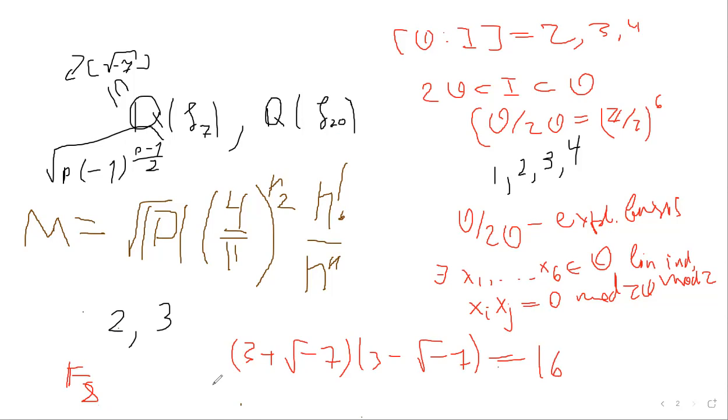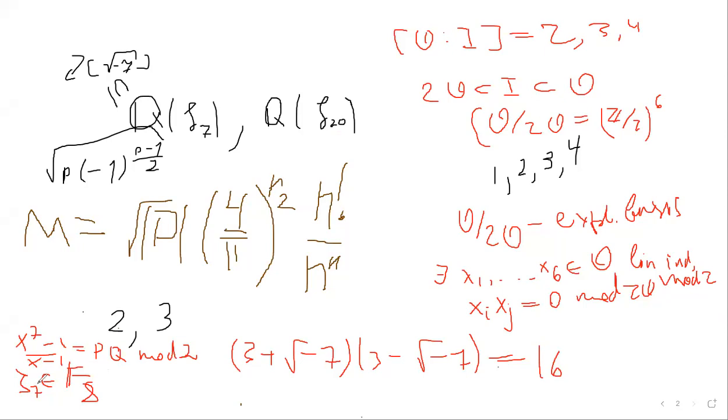The minimum polynomial for zeta 7 is a product of two polynomials mod 2. This implies that 2 splits in Q at zeta 7, right?